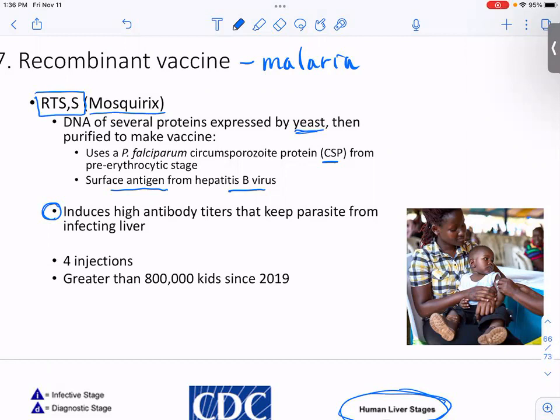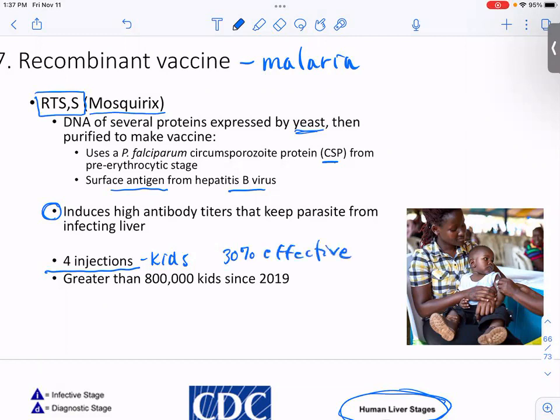A huge drawback is that it takes 4 injections, and right now they're just giving it to kids, because kids are at the highest risk of developing severe, life-threatening malaria. Remember, it's sub-Saharan Africa that has the most problem with malaria, and it's populations that are hard to get to. So that takes some organization to get 4 injections, and it's only about 30% effective.